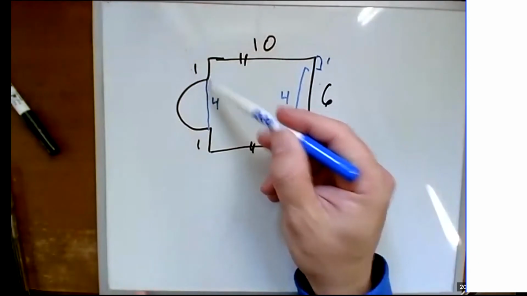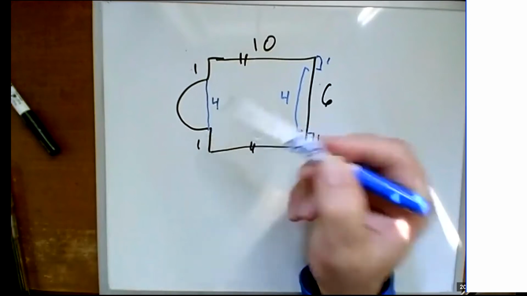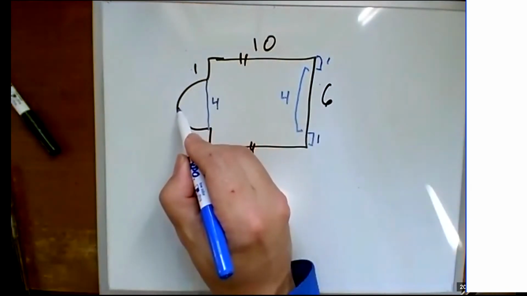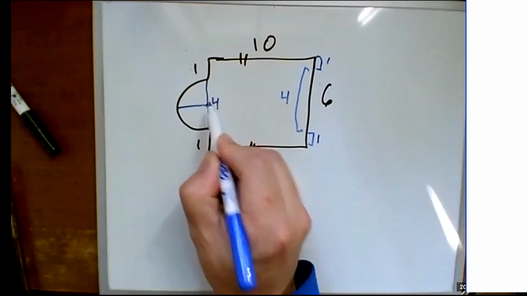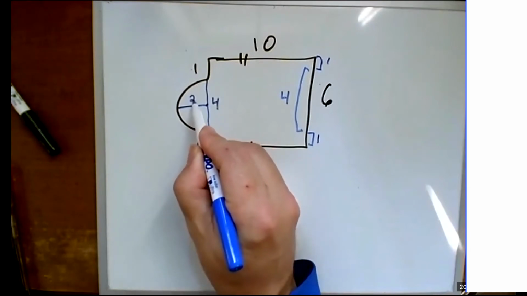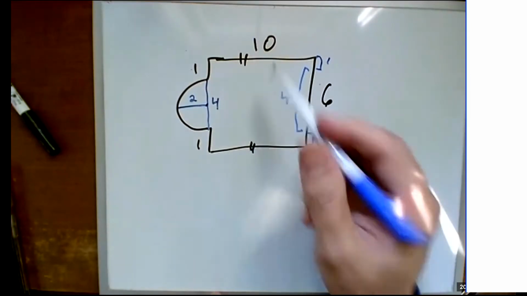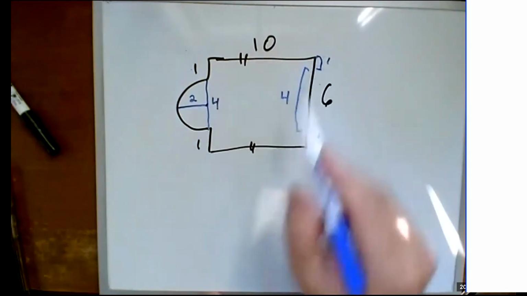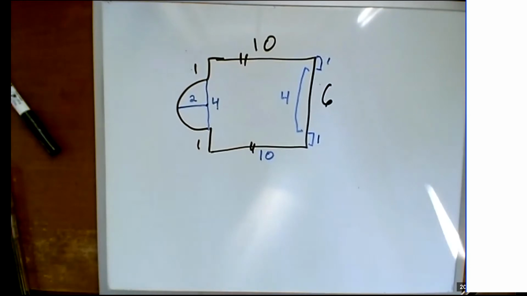Remembering that if we go from one edge of a circle to the other, passing through the center, that is our diameter. What we're usually working with in circles is the radius. And the radius is always half the diameter, so I know that that length there is 2. I have 2 marks on this line, 2 marks on this line, which says these things are equivalent. So if that side is 10, this side is 10.